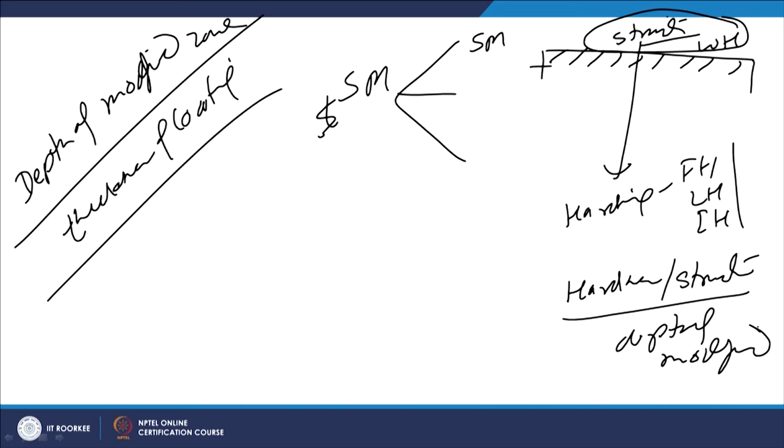So, it combines the two methods to really arrive at the depth which has been modified using the transformation hardening based methods like the flame hardening, induction hardening and the laser hardening.